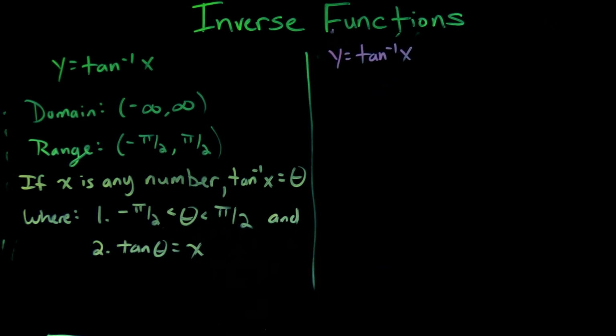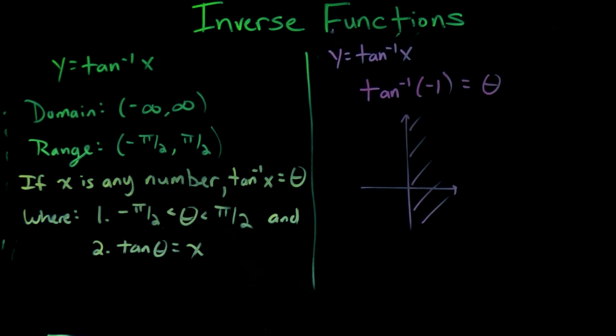Okay, so for example, if we wanted to find the inverse tangent of negative 1, that's going to be some angle theta that's in the fourth quadrant, the first quadrant, or the positive x-axis. So it's got to be somewhere in here.